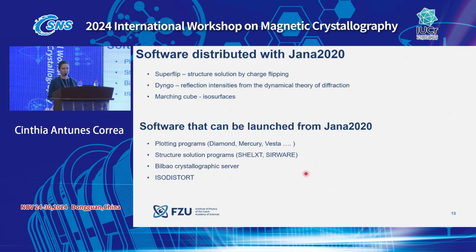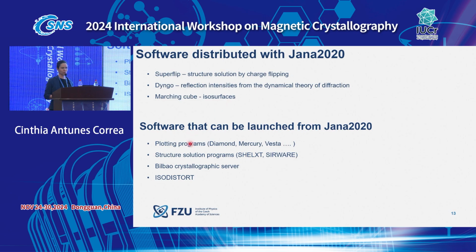Once you have downloaded the software, it will come with Superflip for structure solution. You also have Dingo, which is for performing the dynamical refinement on electron diffraction data, and Marching Cube, which is for seeing isosurfaces.